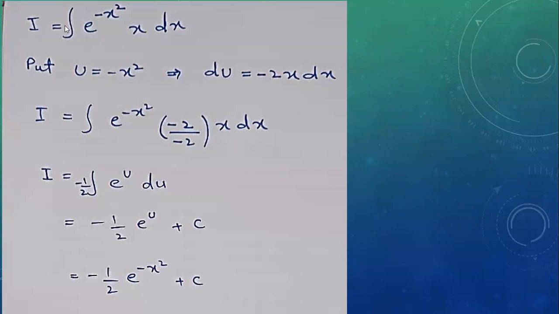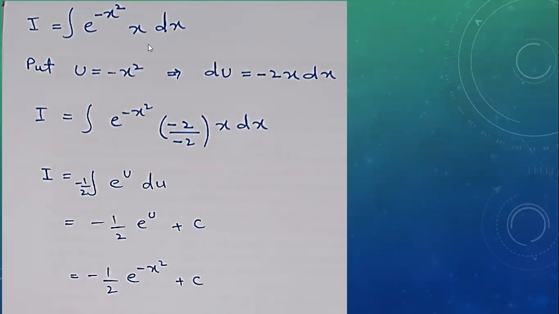So we had this integral of exponential power minus x squared times x dx. I'm calling it I, and here I'm going to substitute another variable u with minus x square. If I take the derivative on both sides, du will be equal to minus 2x dx.